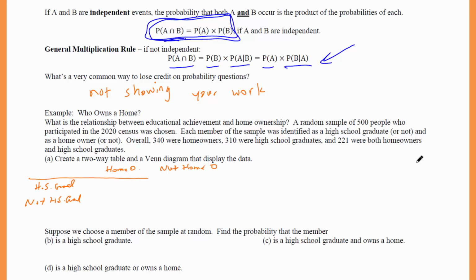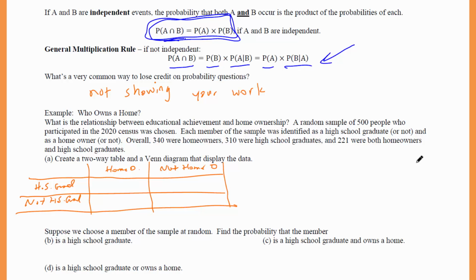Sorry, it's difficult to write so small on my screen with this stylus, but you can tell what I wrote. So that divides us up into four different arrangements of these events.